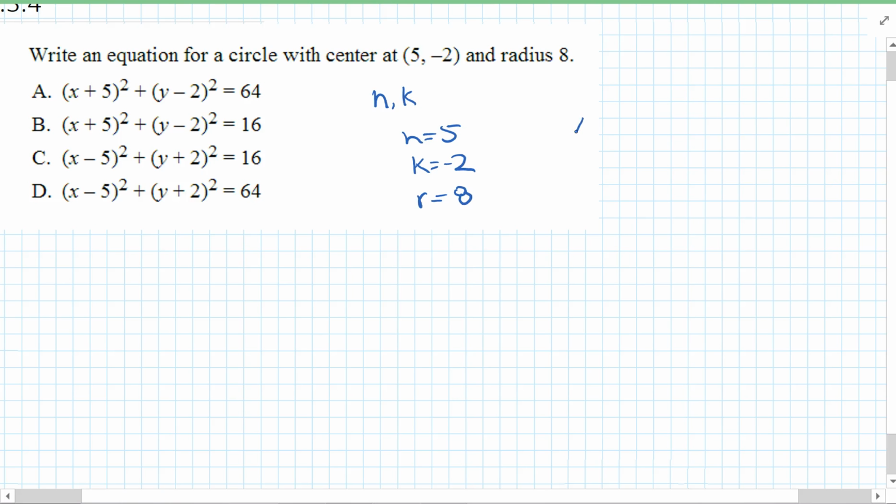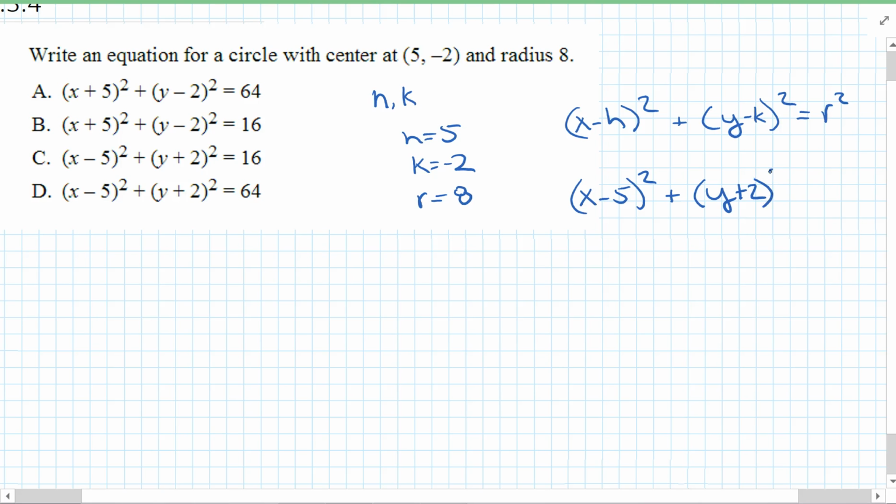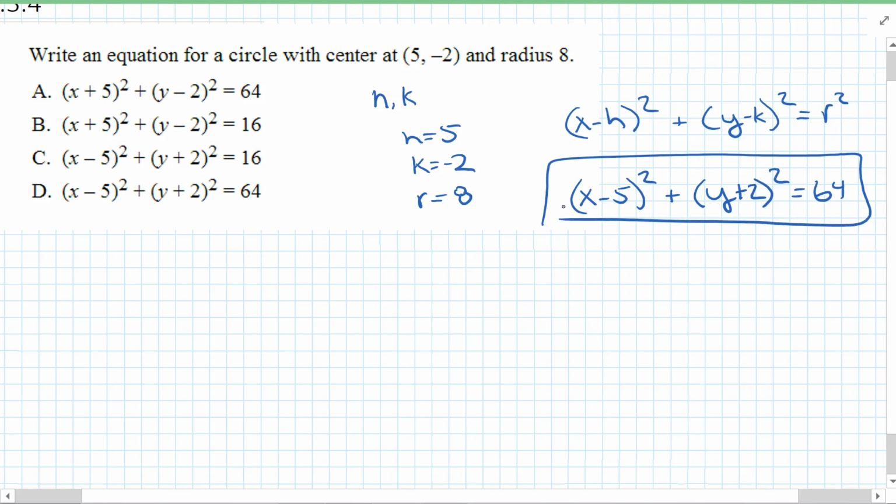So the standard equation was x minus h squared plus y minus k squared equals r squared. So our h value is 5, so it's going to be x minus 5 squared plus y minus negative 2 squared equals 8 squared, which would be 64. So x minus 5 squared plus y plus 2 squared equals 64.